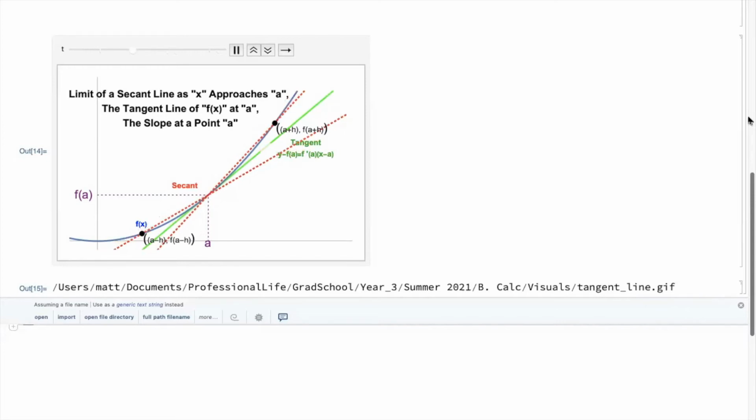All right, this is our function x squared. This is x is equal to 1. This is f of 1 is equal to 1.